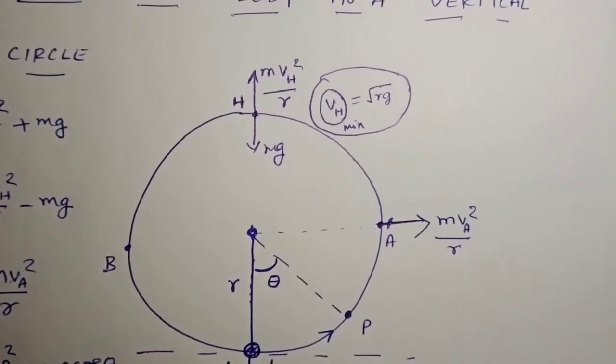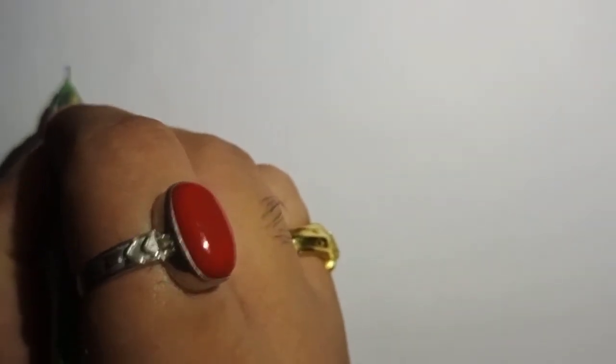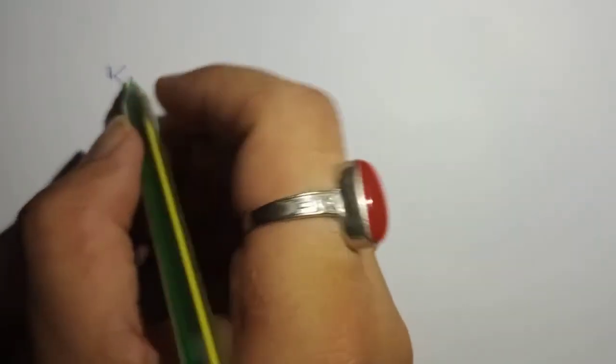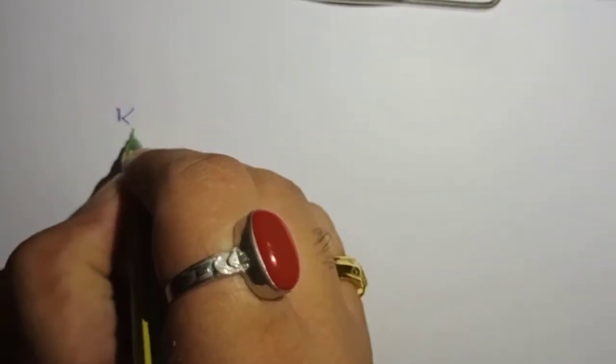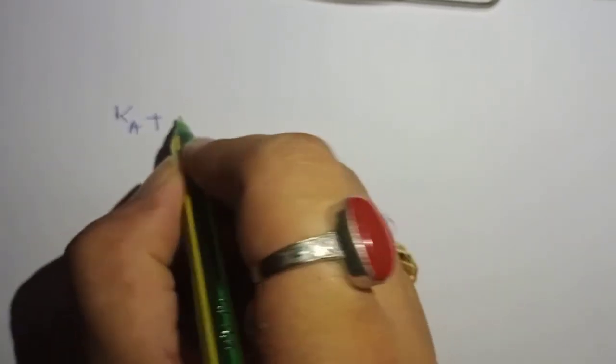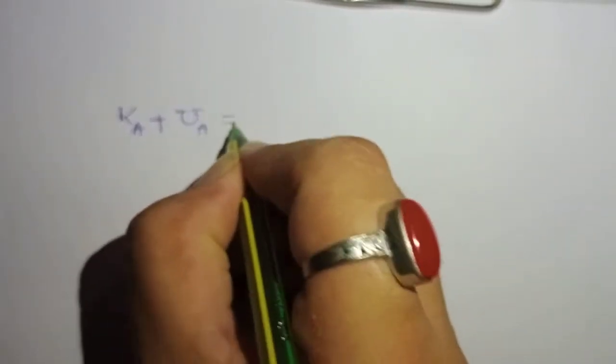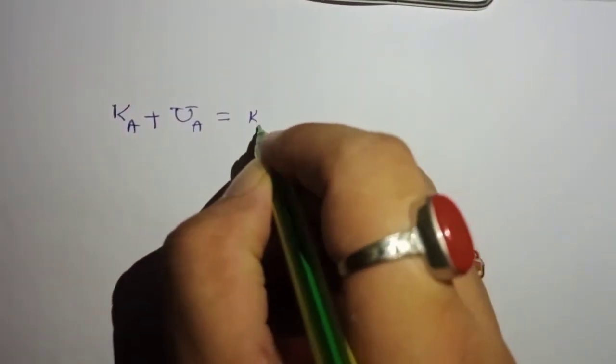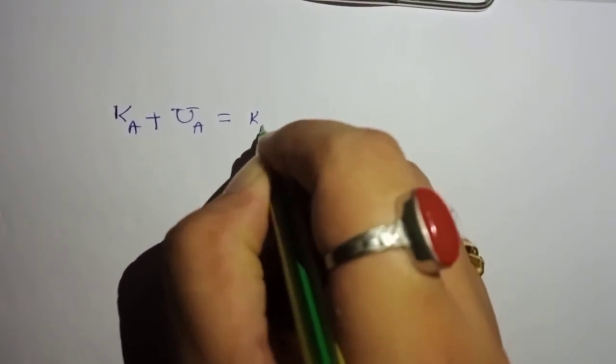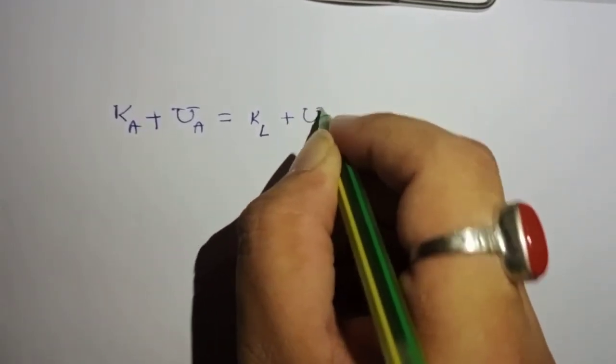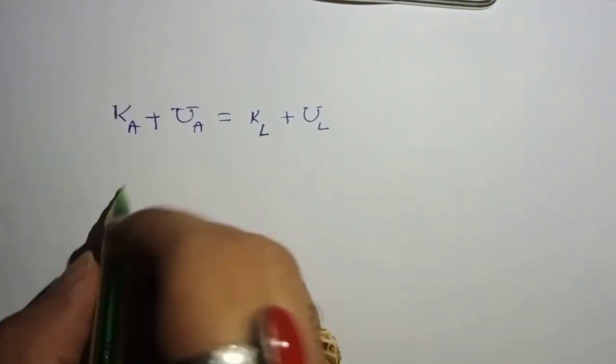We will calculate. For that, what to do? Kinetic energy at point A plus potential energy at point A is equal to kinetic energy at point L plus potential energy at point L. So what is kinetic energy at point A?